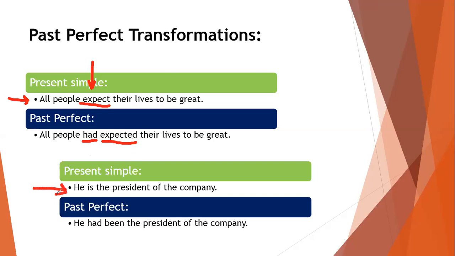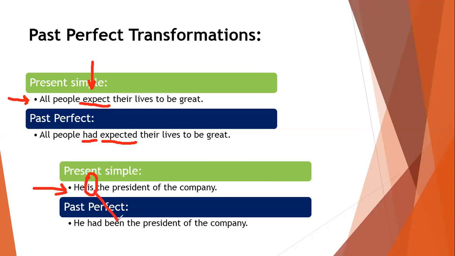I think we're going fast with this, and it's easy for us to understand. He is the president of the company. Simple. So once again, only one little change. He is the president. So is the only active verb. What is the past participle of the to be?